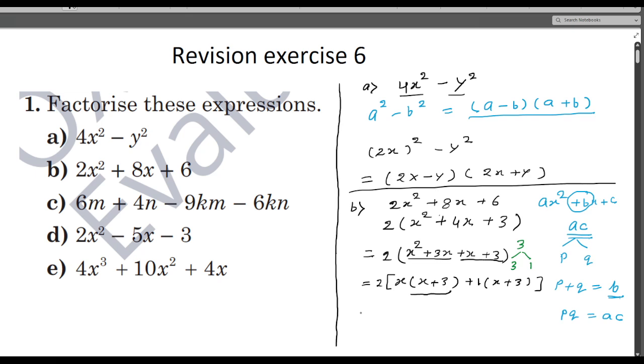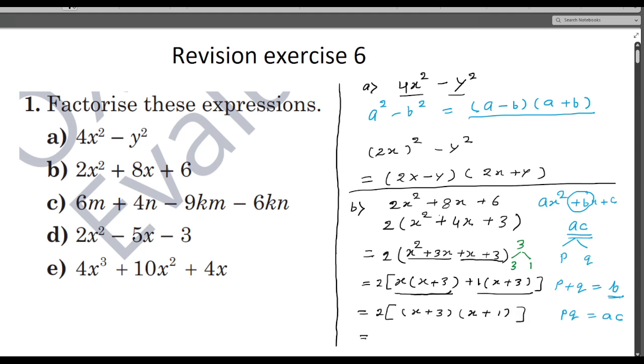So this is equal to, now 2 is outside. Looking at this whole part and this whole part, again I can take x plus 3 common. Once you take x plus 3 common, the remaining part in the first term is x and in the second term is 1.